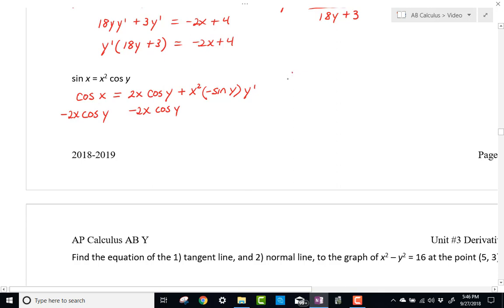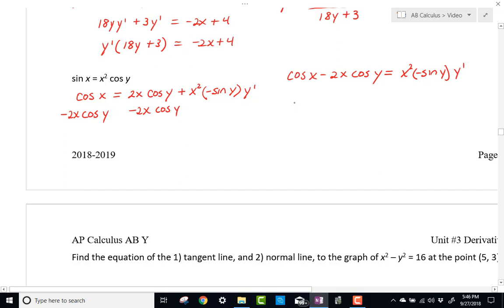So now we have cosine of x minus 2x cosine of y equals x squared times negative sine of y times y prime. And in order to get y prime by itself, I just need to divide both sides by x squared times negative sine y.